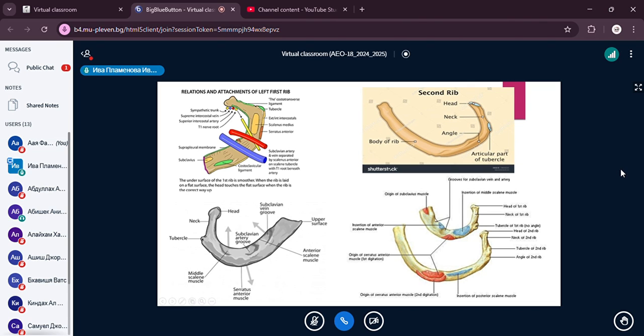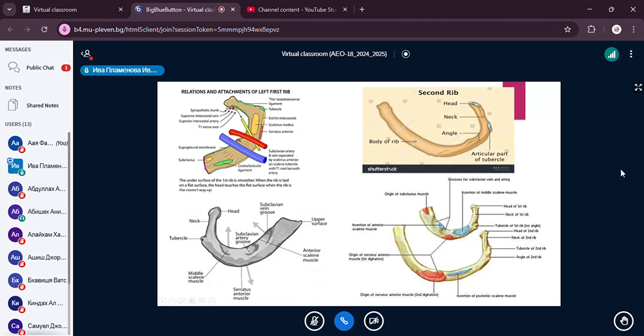Near the head is the one for the subclavian artery. This one here is for the subclavian vein. Between them, we have a tubercle for the insertion of the anterior scalene muscle.